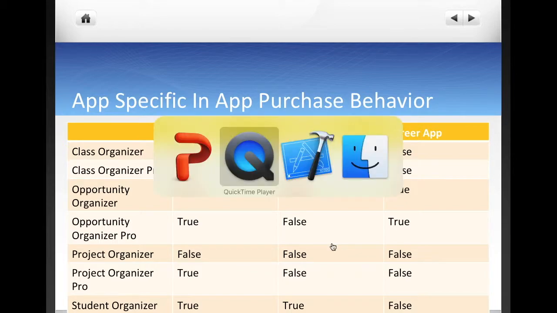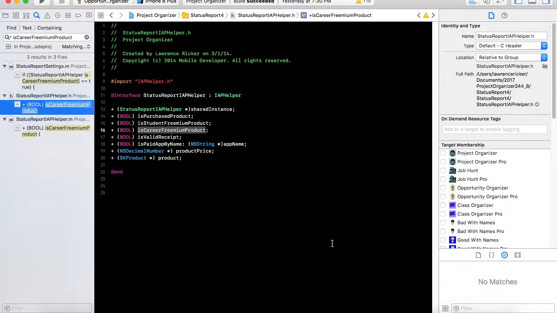Now what that looks like in code is I have isPurchasedProduct as a Boolean return from a method, and then I have isStudentFreemiumProduct and isCareerFreemiumProduct.